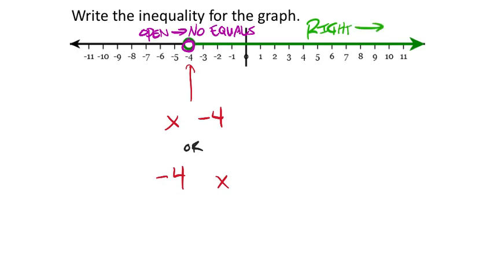And since it is going to the right, it needs to eat the x. Okay, so in the first one, I would make it eat the x, which would read x is greater than -4. On the second one, I still need to make it eat the x, which would read -4 is less than x. These are exactly the same. They're just shown in different ways.